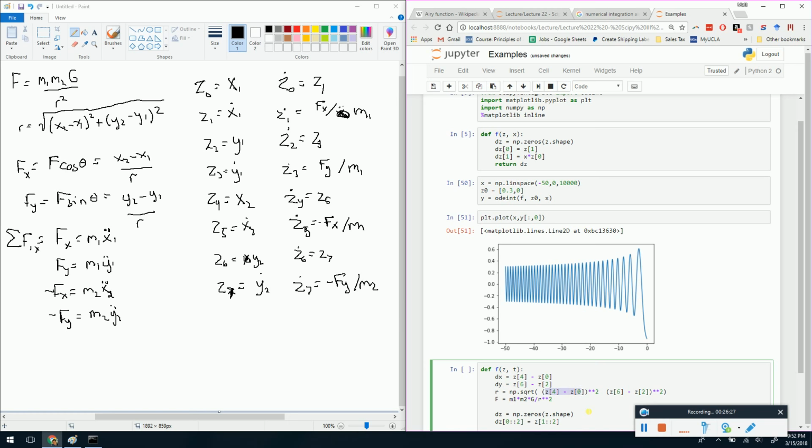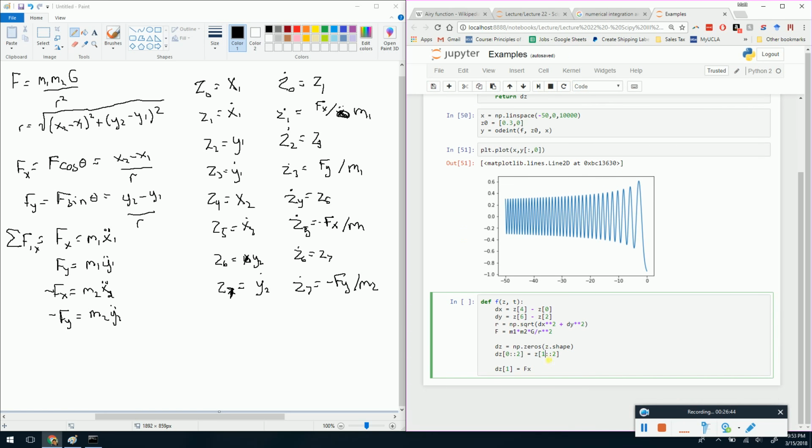So we can make this a little bit nicer. dx squared, and we'll make this dy squared. And fx is equal to f times dx over r. And fy is equal to f times dy over r.